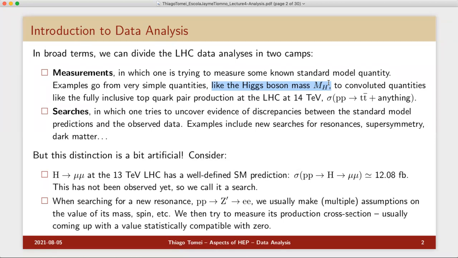What can be convoluted? For instance, you can search for the fully inclusive top quark pair production at the LHC at 14 TeV. So this is a cross-section measurement. So you're counting how many events of this kind you have.